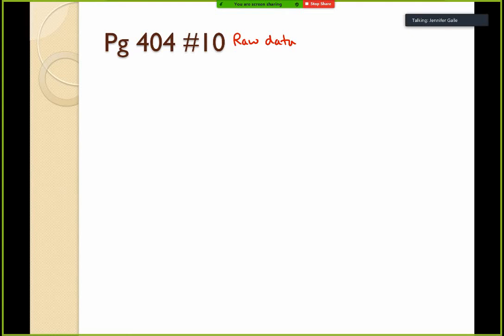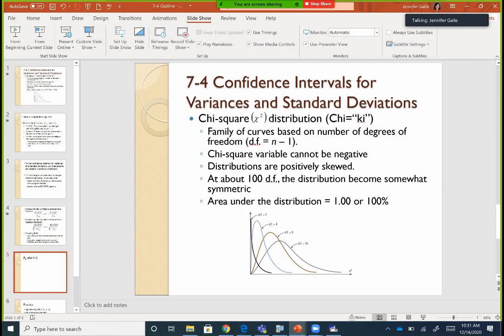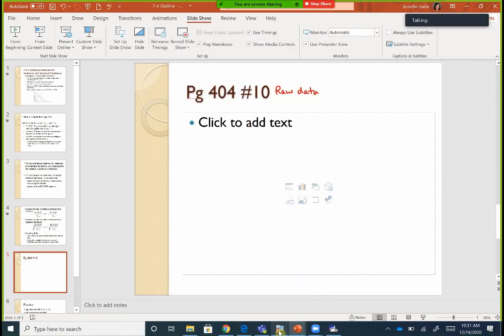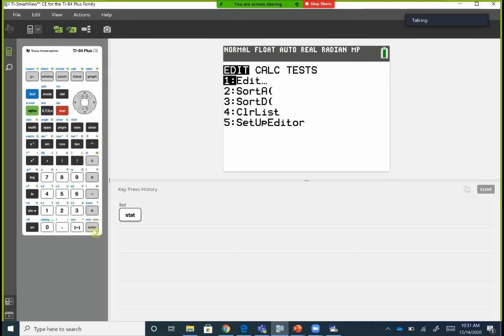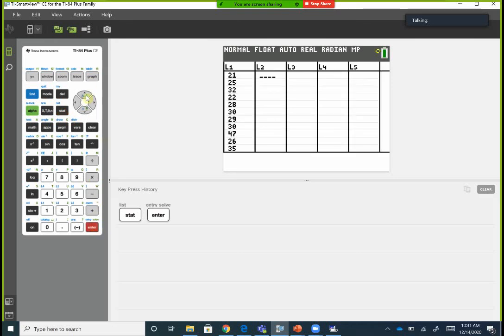I'm going to enter it in on mine too, because mine, of course, restarted, so it's not happy with me right now. So I'm going to go ahead and get mine entered in as well for you. So stat and edit.